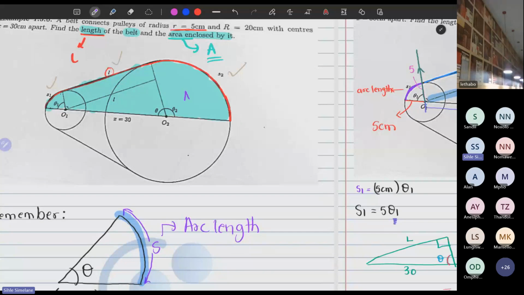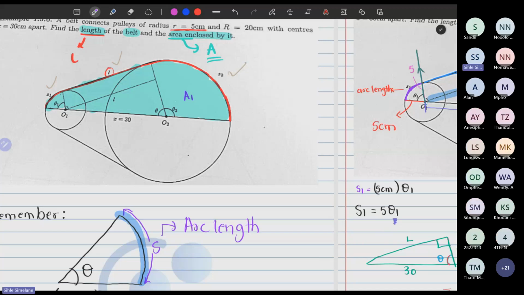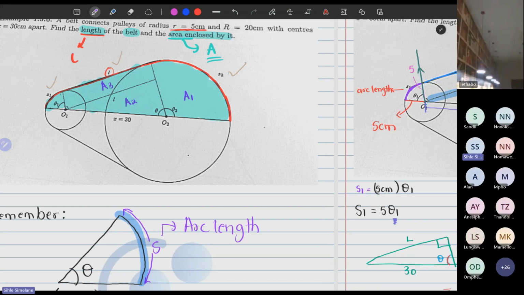We can call this portion area 1, we can call this portion here area 2, and then we can call the rectangle portion area 3. And if you look carefully, there's only one thing which is left now, that small portion, which would be area 4. Do you all understand that all these areas will give us the total area?